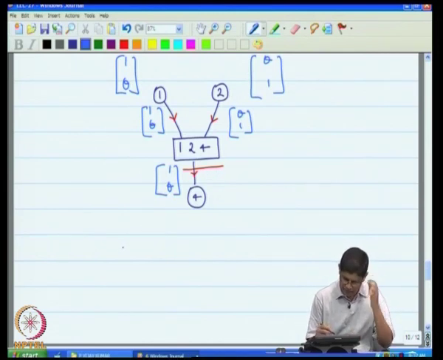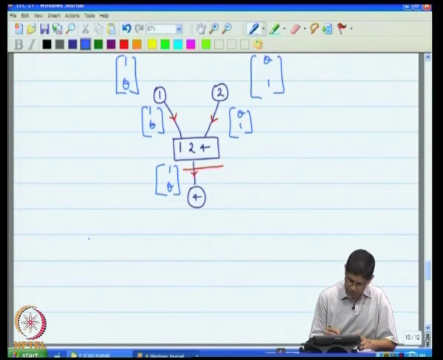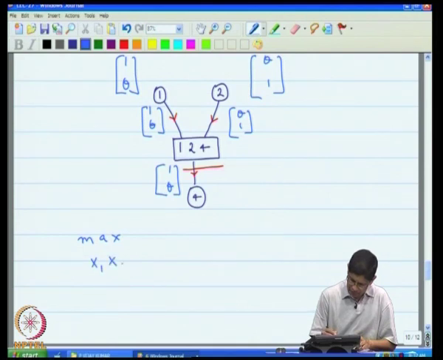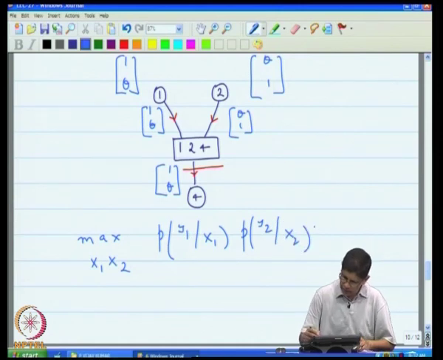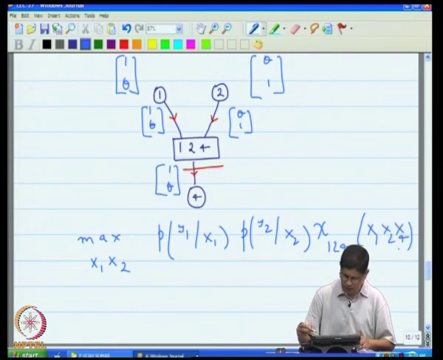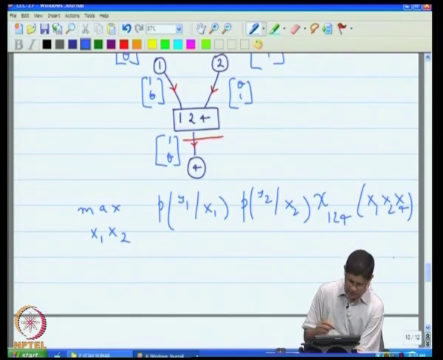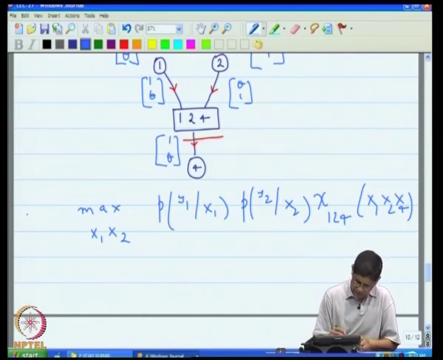So, the question is, what is the computation that is actually being carried out, and the marginalization that you are carrying out here is the max over x1 x2 of p of y1 given x1, p of y2 given x2, times chi 1 to 4 of x1 x2 x4, and this is our function g of x4.